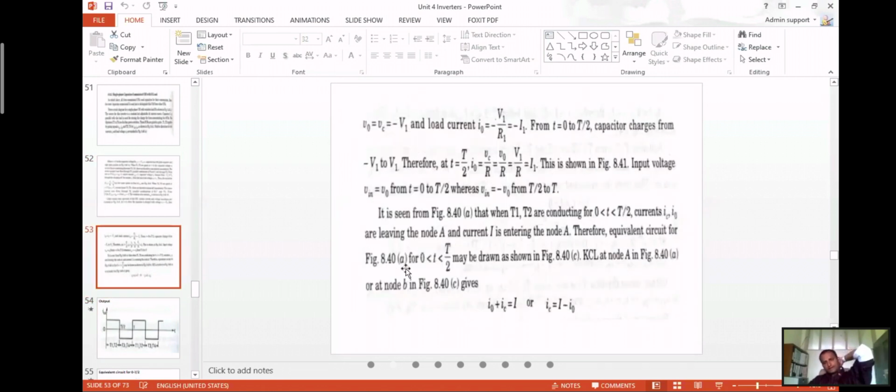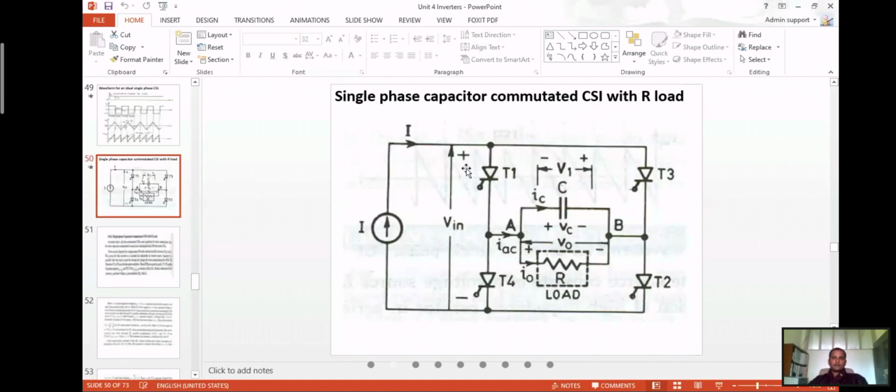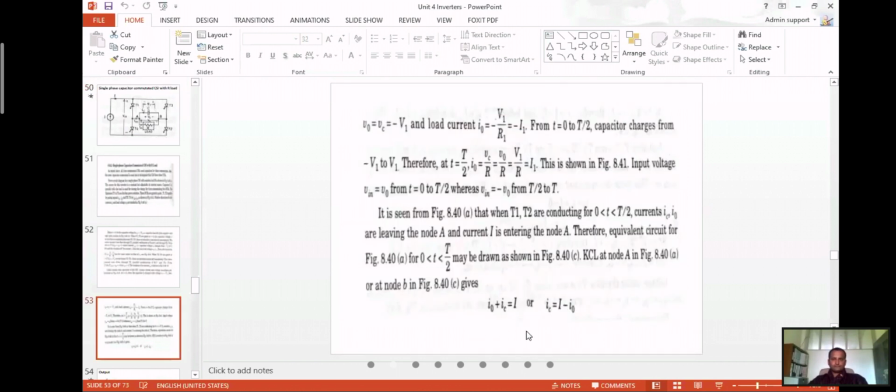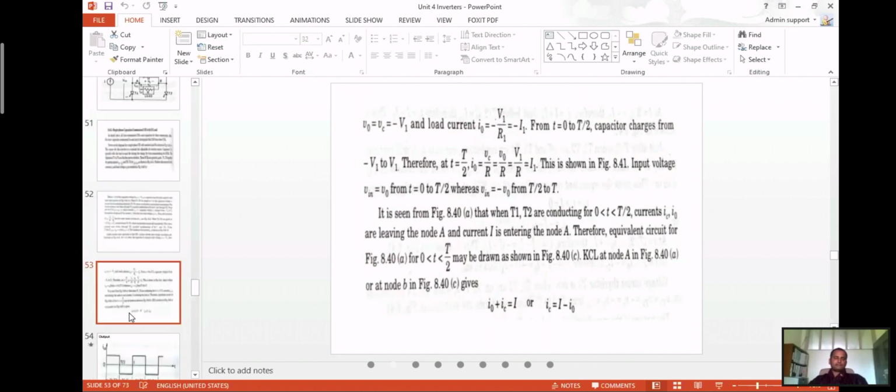In this case, I naught plus IC will be equal to I. So IC plus I naught equals I, and IC will be equal to I minus I naught.